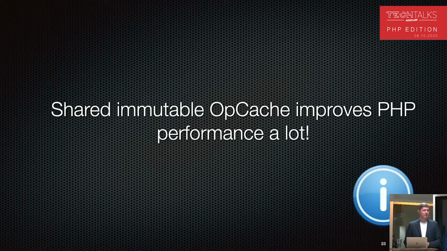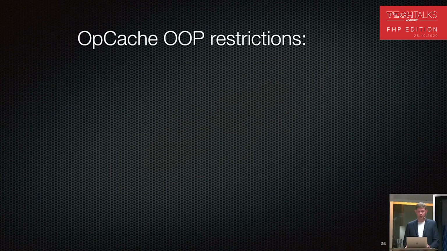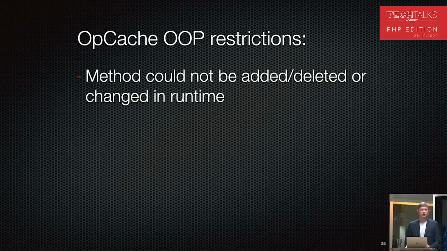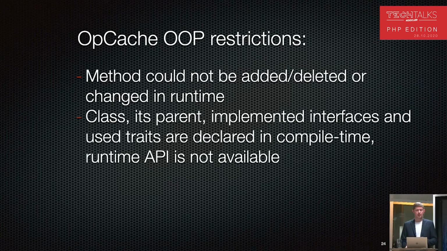These immutable structures are really important for PHP because they're immutable, and we can just copy-paste them and run them in runtime, and this increases the performance of PHP a lot. But at the same time, we cannot modify this information. We cannot add a new method. We cannot delete a method from a class.